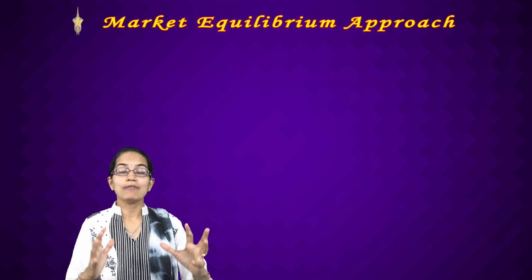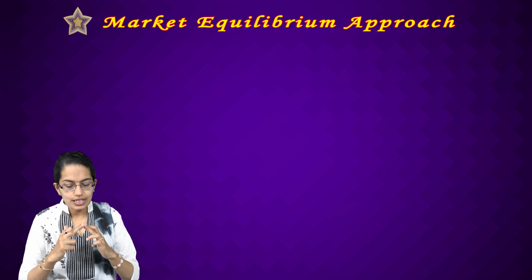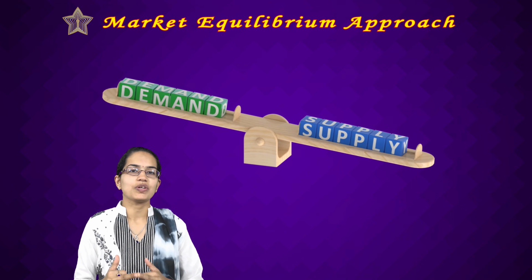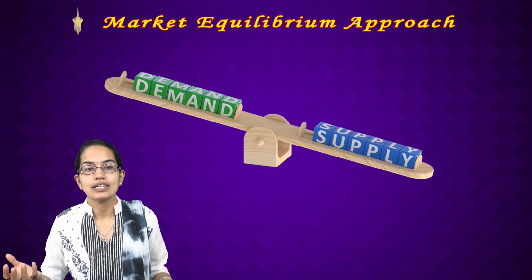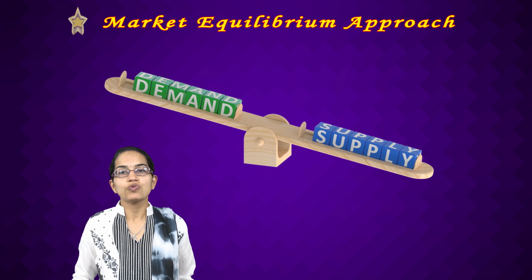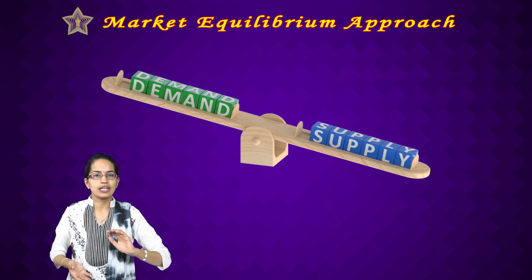So market equilibrium basically talks about a common region where you have a balance between the demand and the supply. If the supply is much more than the demand, what would happen is, you would be forced to decline your prices in order to clear out your inventory.